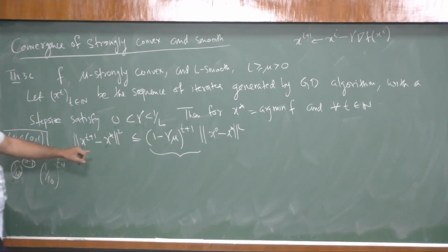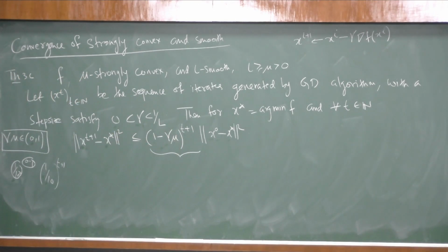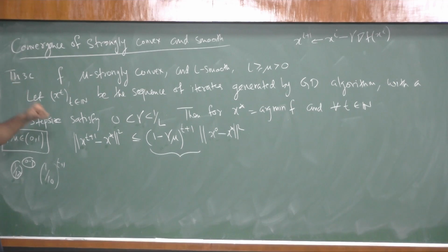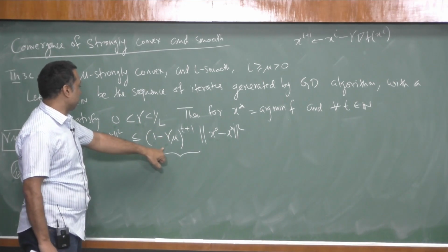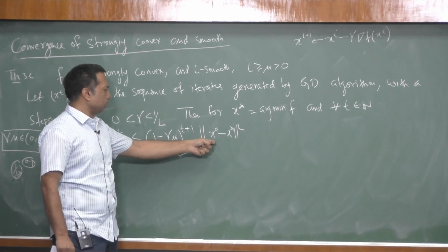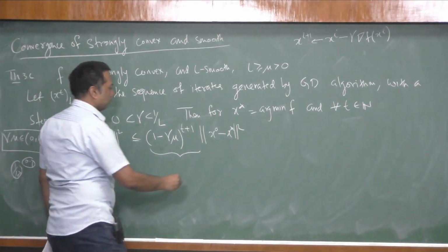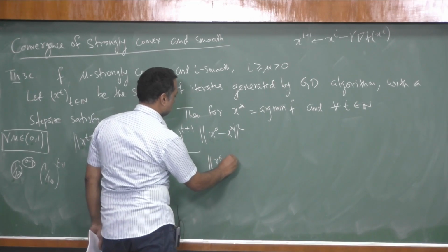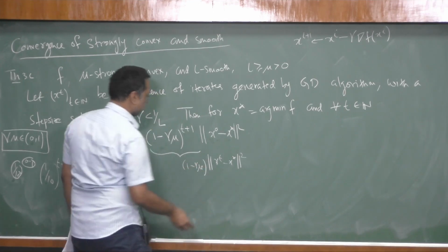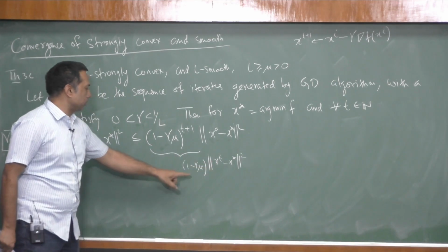So when you have an algorithm, how much reduction you do determines the rate of convergence. This is with respect to the very initial error. Another way to see this is xt plus 1 minus x star compared to xt minus x star, with factor 1 minus gamma mu.